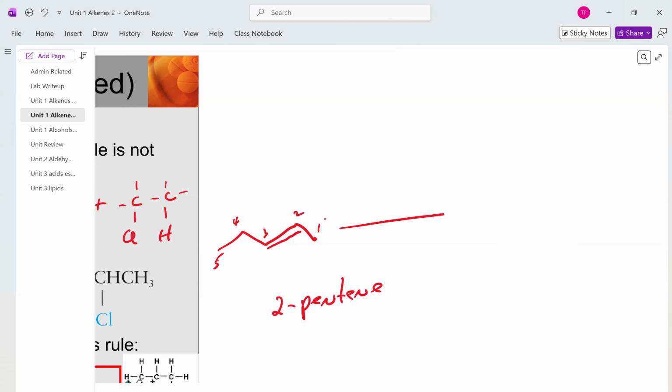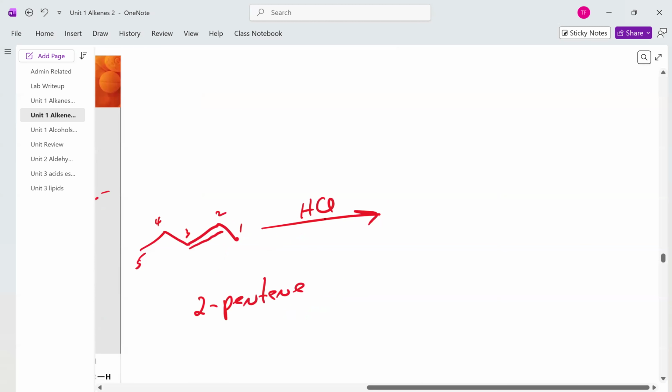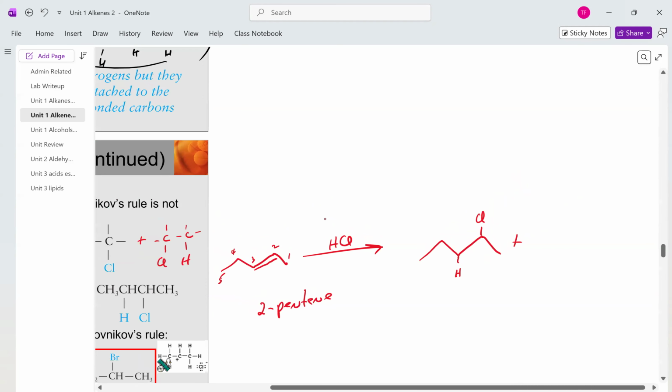Okay, so we're going to add hydrochloric acid, and we're going to get a mixture. And the HCl is going to be on, one time, it's going to be here, like that. And the other time is going to be like this.